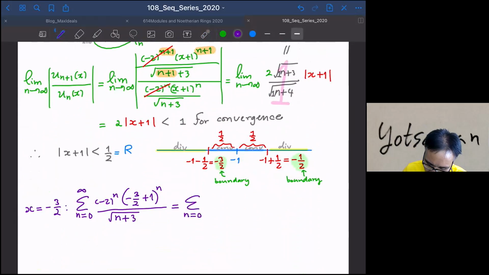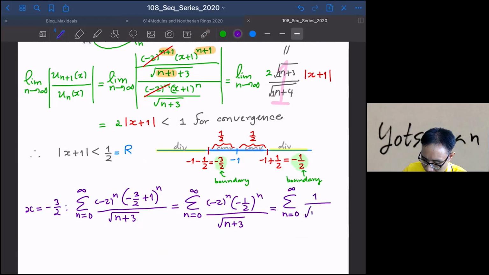So you have the series n equal to 0 to infinity, negative 2 to the n, and you have negative 3/2 plus 1, so it's going to be negative 1/2 to the n over square root of n plus 3. Okay, so for this one, it is the series n equal to 0 to infinity of 1 over square root of n plus 3.